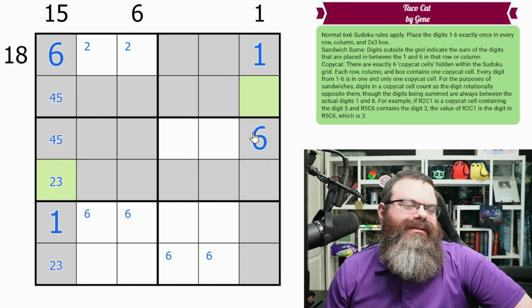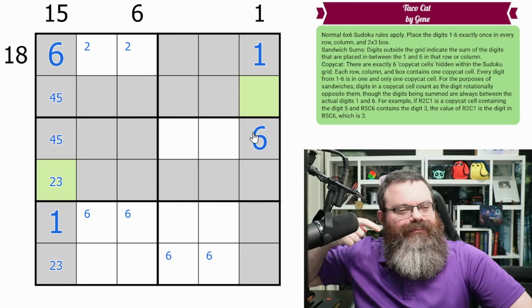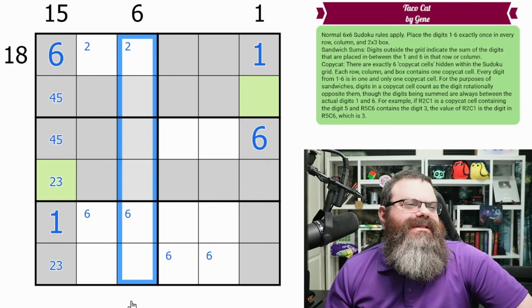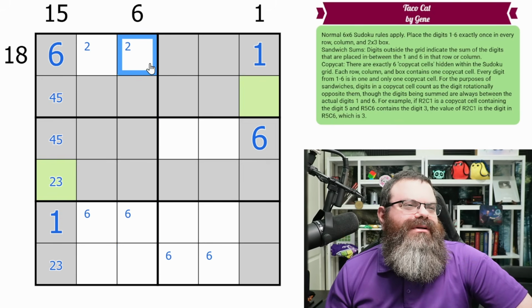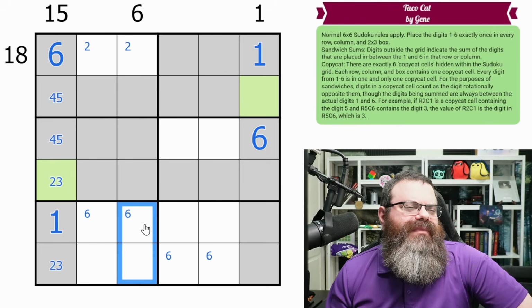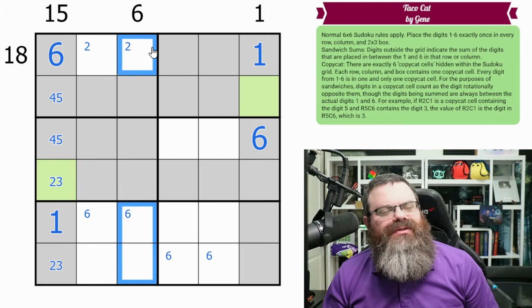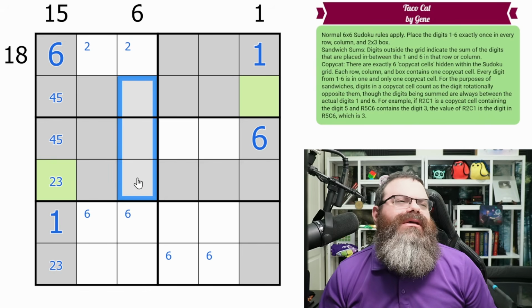It's interesting. The only thing we've got left is this 6. So we know that we don't start here. Neither of these are 1. This isn't 1, so the 1's one of these.